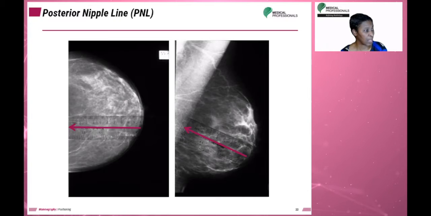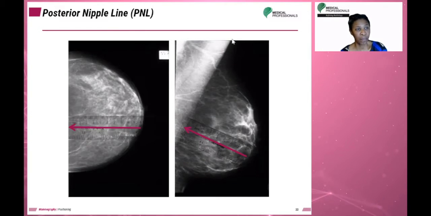On the actual image, how do you determine where the line defines the upper and lower breast? If you look at this MLO here, the lowest extent of the breast is going to be the inferior mammary fold or crease. The upper extent of the breast is going to be right below the axilla, where the pec muscle starts.